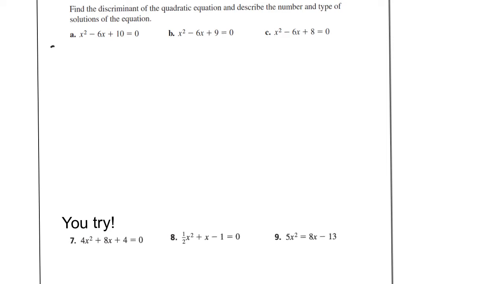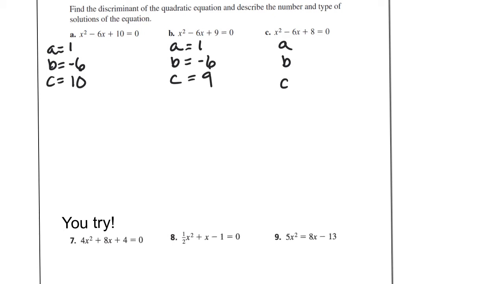And so for each of these, I need to list what a, b, and c are. So a for this is 1, b is -6, and c is 10. Here, a is 1, b is -6, c is 9. a is 1, b is -6, c is 8.